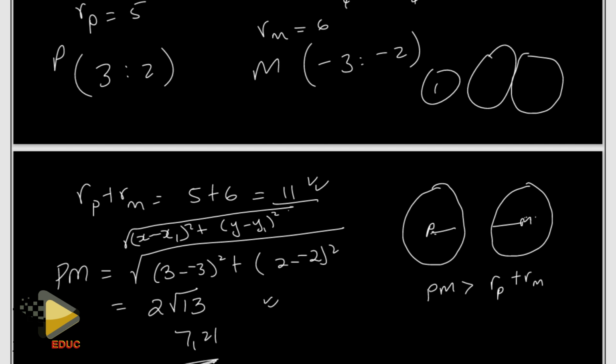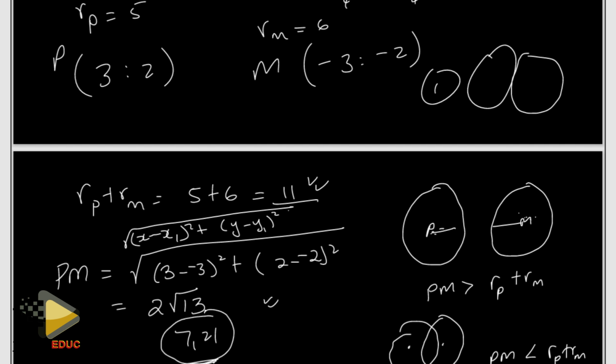So we're seeing that the distance in between is bigger. Now the other scenario where the circles are touching is whereby the distance PM is smaller than RP plus RM. So now, with the scenario that we have, we're having PM to be smaller.